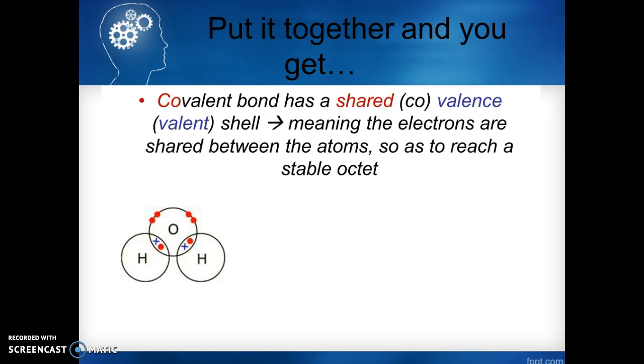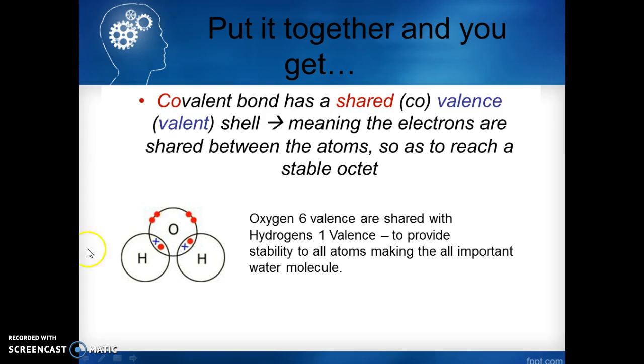So if we take this example of oxygen and hydrogen, aka water, oxygen brings 6 valence electrons, seen here with the red circles, where hydrogen has 1 valence electron, seen here with the blue X's. When their valence shells overlap, so to speak, they become full.